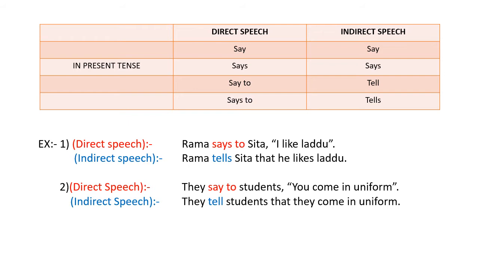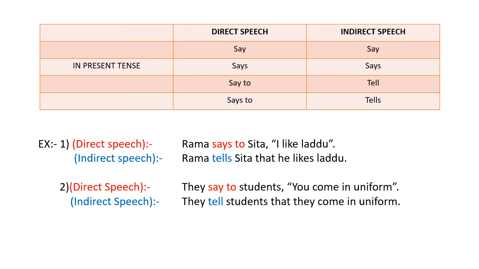That's why in the direct speech, the first example, Rama says to Sita. That continues in the indirect speech also. Rama tells Sita. This is the simple present tense. Rama tells Sita. Here, verb form includes s.